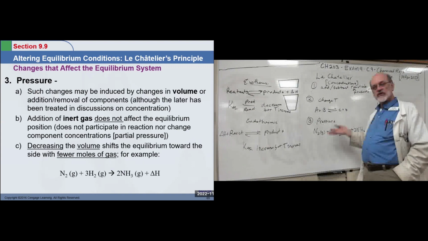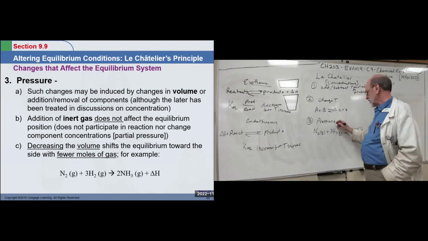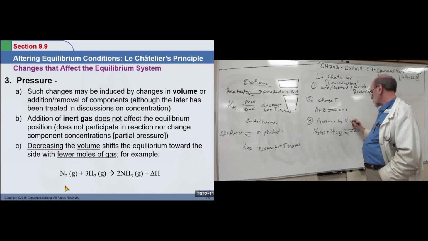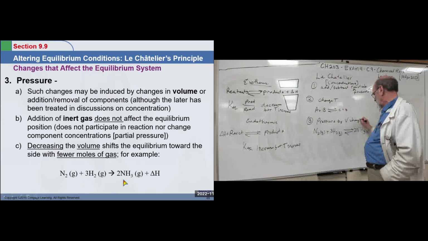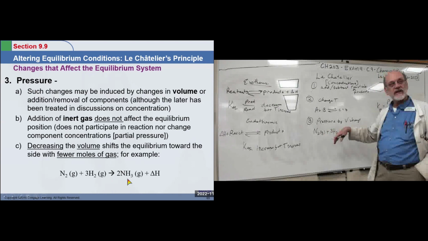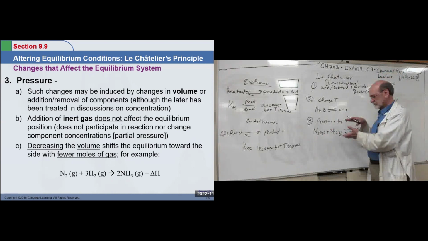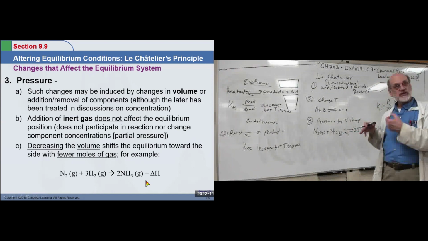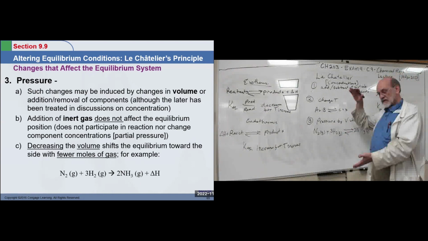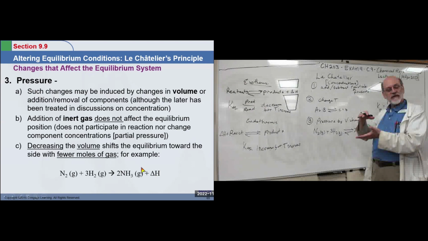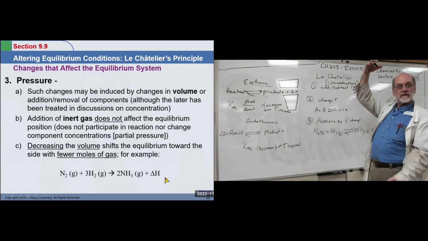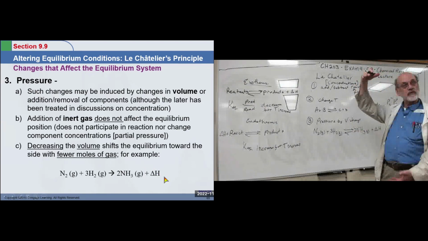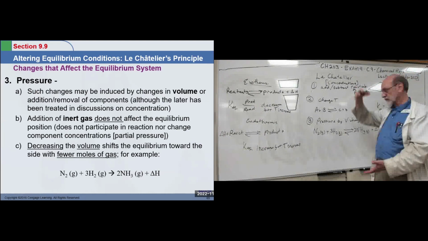But if we change the pressure by volume change, right, then we haven't added anything or subtracted anything, we've just changed the concentration by squeezing them into a smaller volume, or letting them expand into a larger volume would decrease their concentration.